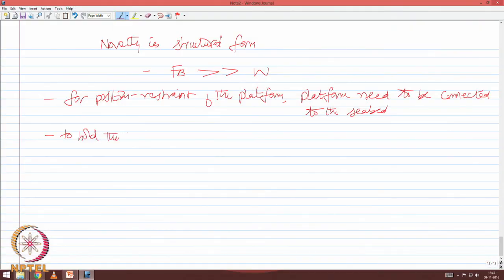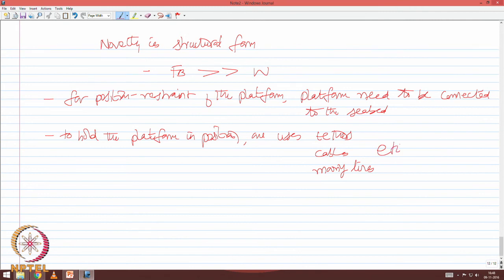So, to hold the platform in position, one uses tethers, cables, mooring lines, etc., essentially for enabling position restraint to the system.